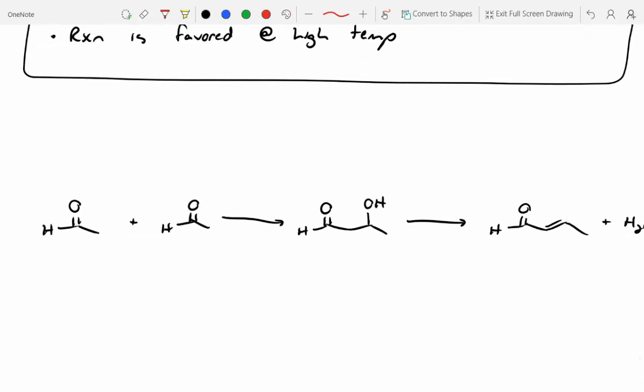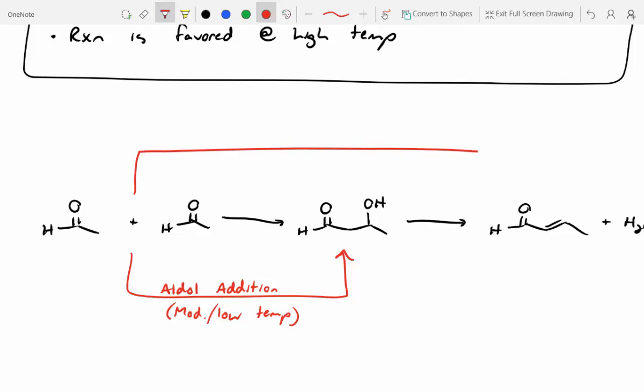So if we look at it this way, this reaction is called an aldol addition. And this is favored at moderate or low temps.